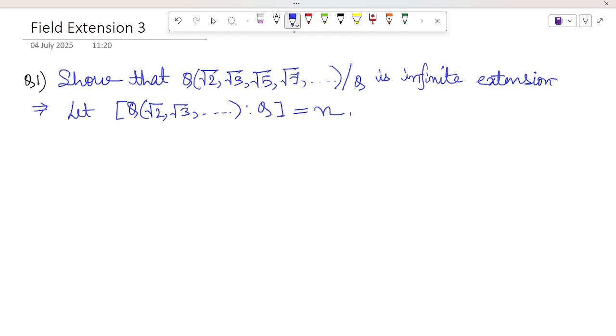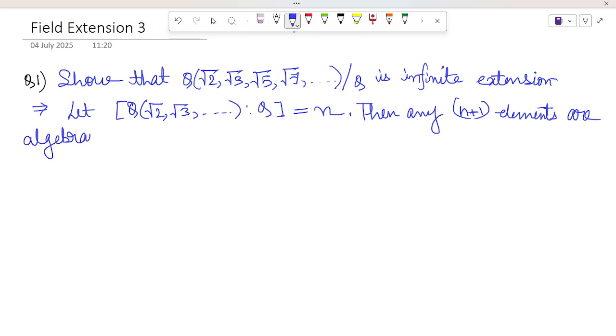Suppose it is n, then it is a vector space argument. Algebraically dependent over Q.